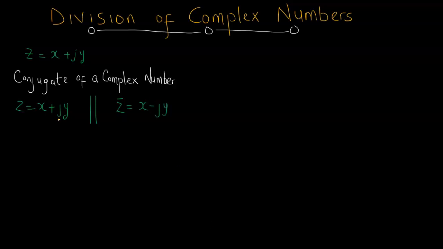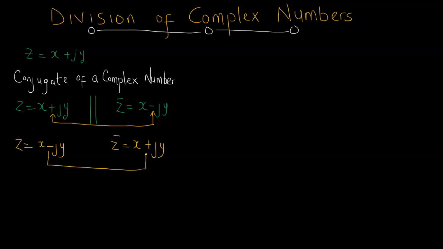So we can see here that all I've done is to reverse the sign behind the imaginary parts. Similarly, if z equals x minus jy, its conjugate z bar would be x plus jy. As usual, all I've just done here is to reverse the sign behind the imaginary parts.